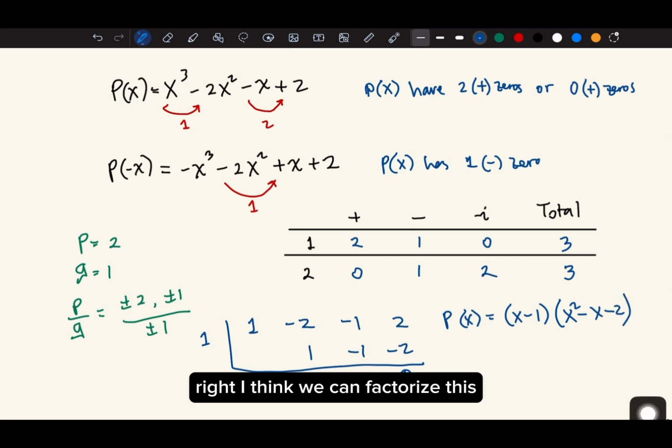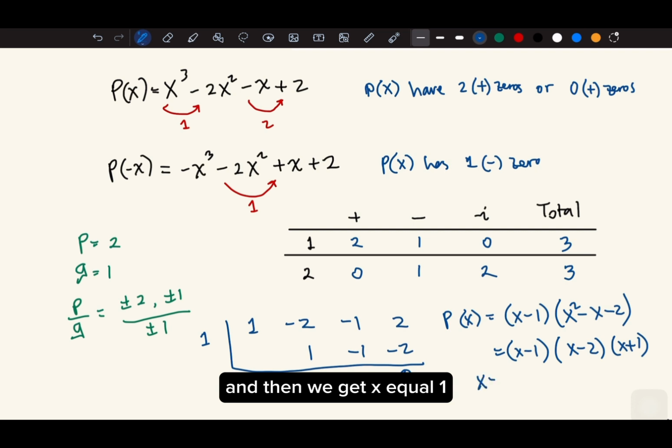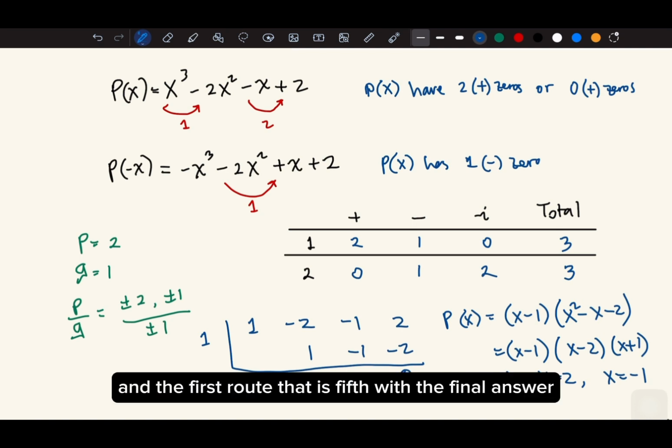And I think we can factorize this. Then we get x equals 1, x equals 2, and x equals -1.